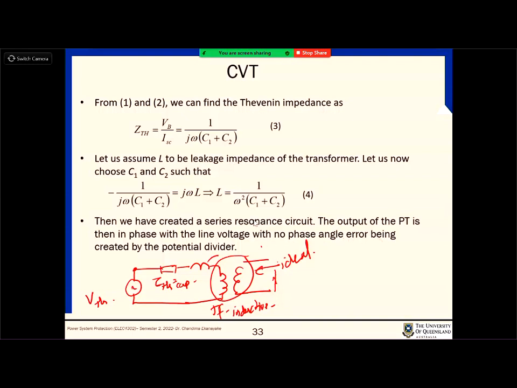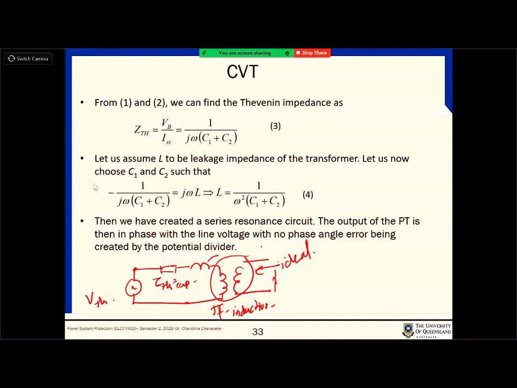That is how we avoid or minimize errors in the measurements. If the measured voltage here gives a value which is not proportional to the primary voltage, and you can't calculate the primary voltage by multiplying by some constant, then it creates an error.